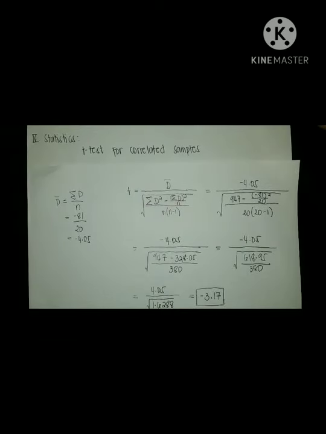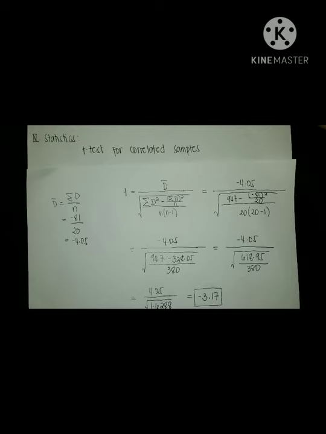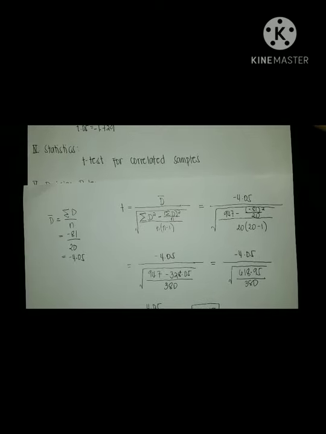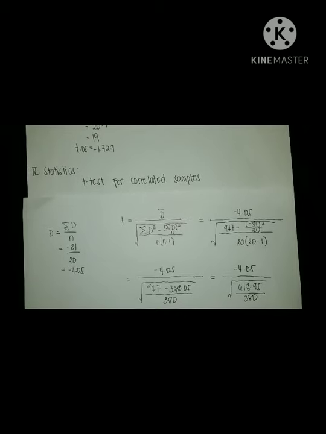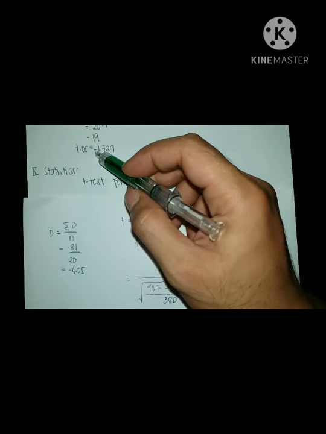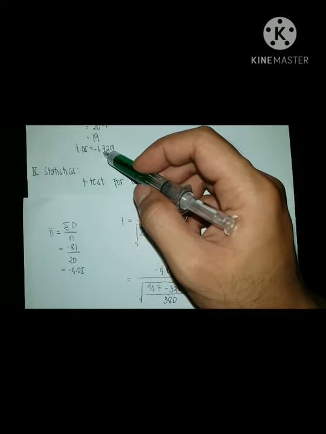So the t-computed value is negative 3.17. Let us go back to the t-tabular value from a while back, which is 1.729. Since the t-computed value is negative, the t-tabular value will be negative 1.729.